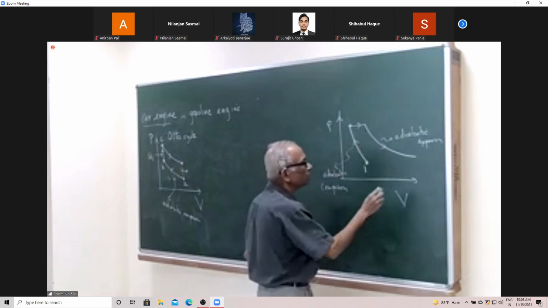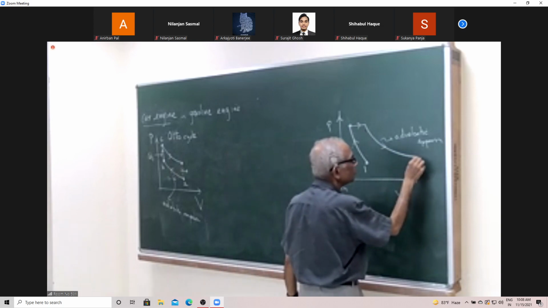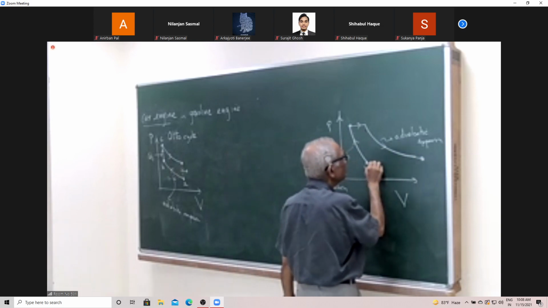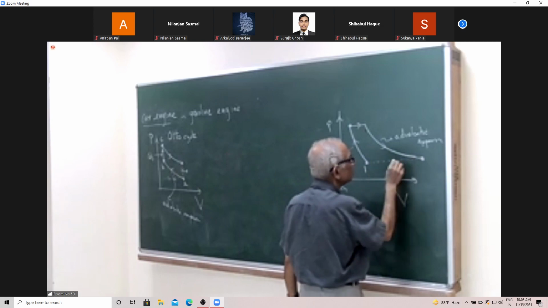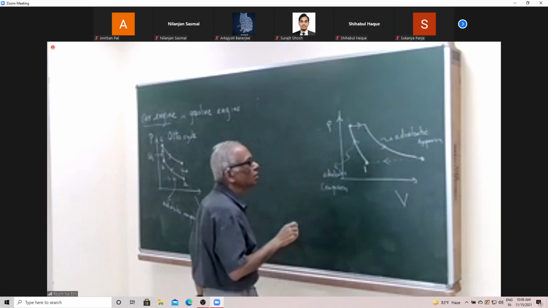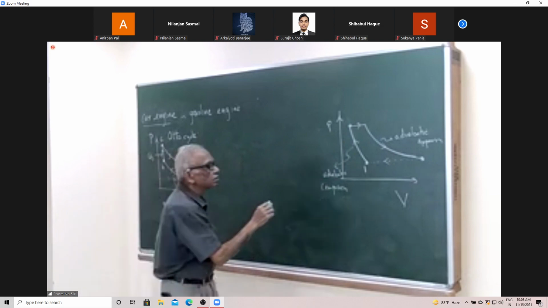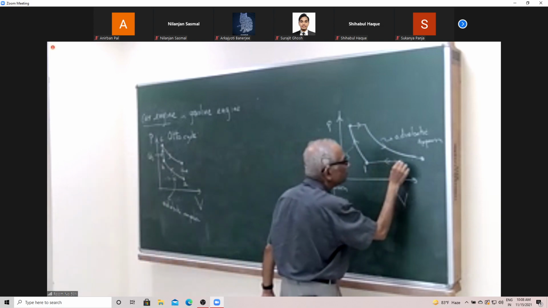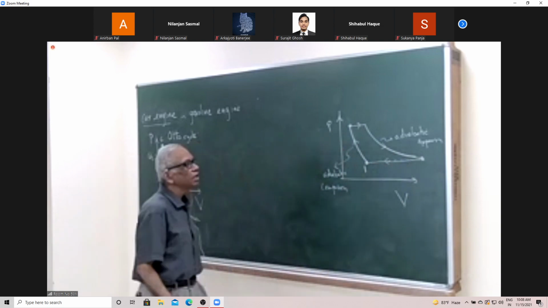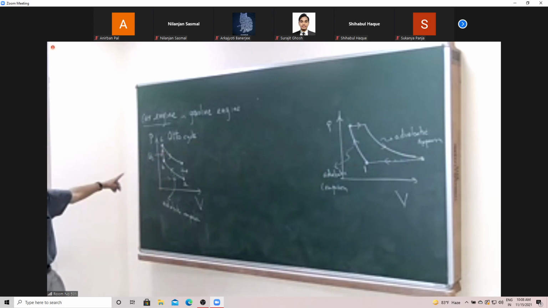Then there is the adiabatic compression, and then finally you come back over here. This is a variant on this cycle over here, and this is the prototype of a car engine.